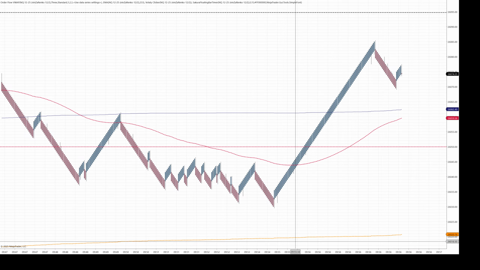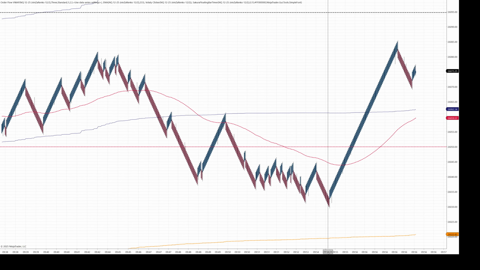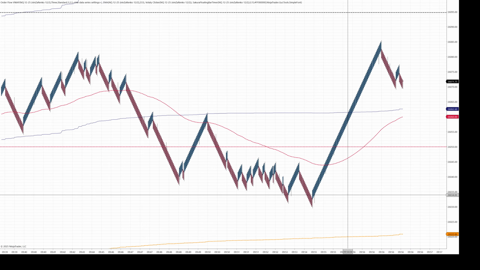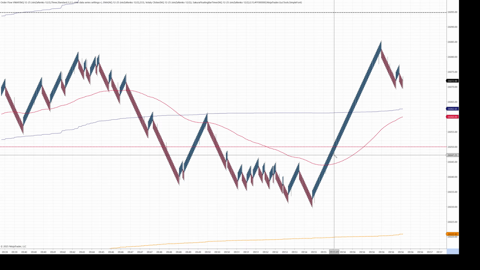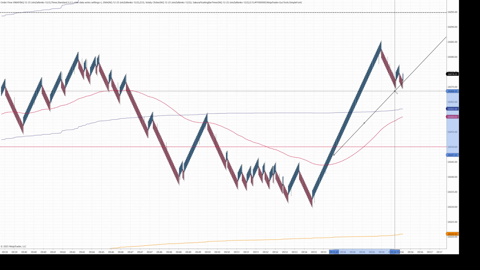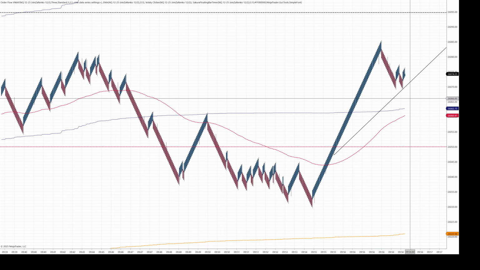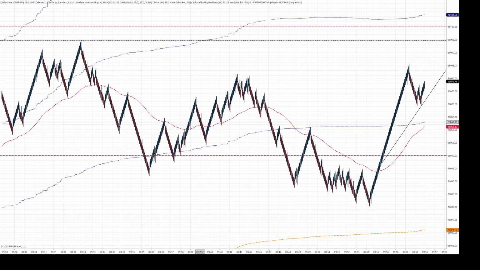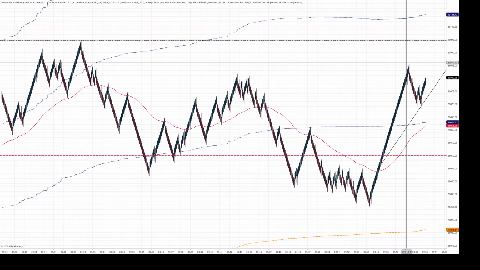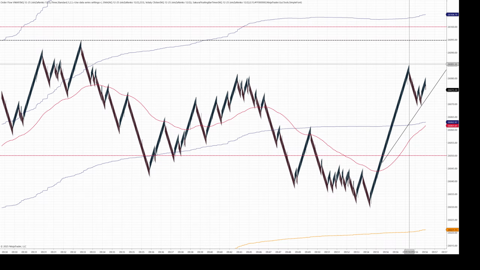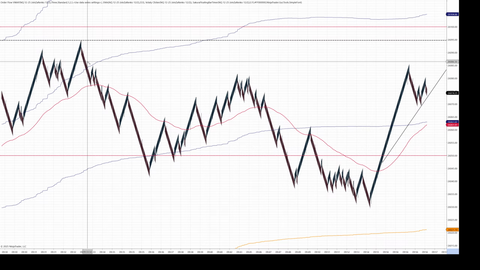So we're going to update our trend lines here. And then we're going to update our downward trend line because this is the last high here. It's a small tick.